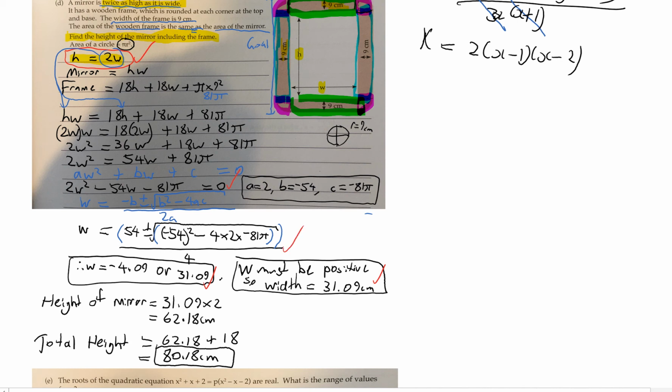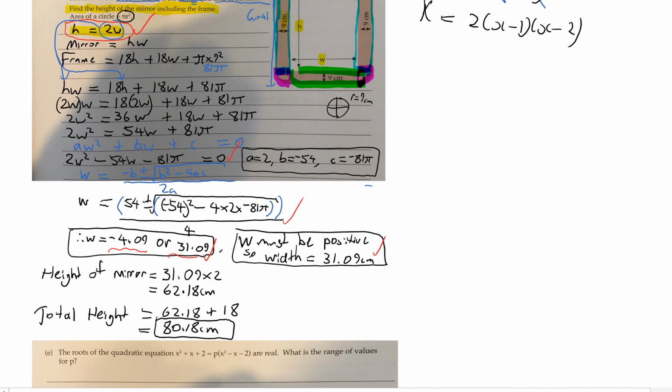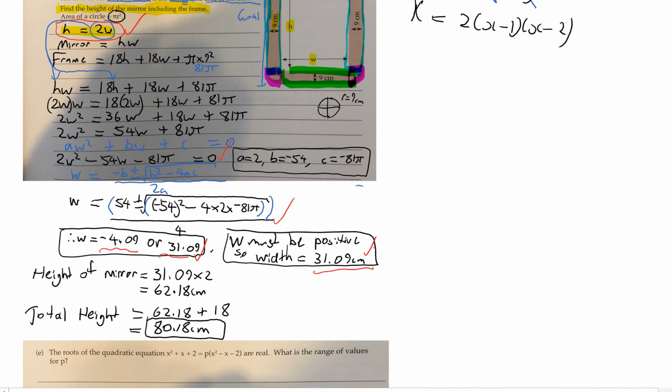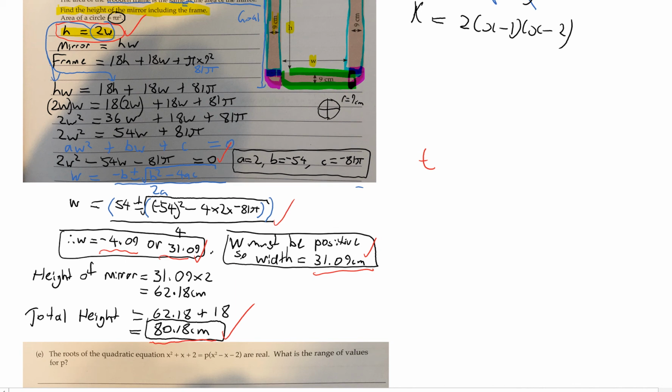We've got both our solutions. Do need to write them both down, even though the negative one's invalid. Still got to write it. But then we identify why the positive one's the only valid one at the step here that I've underlined. And then we've showed our working to our final answer, which is here. And so that would be a T, in other words, excellence.